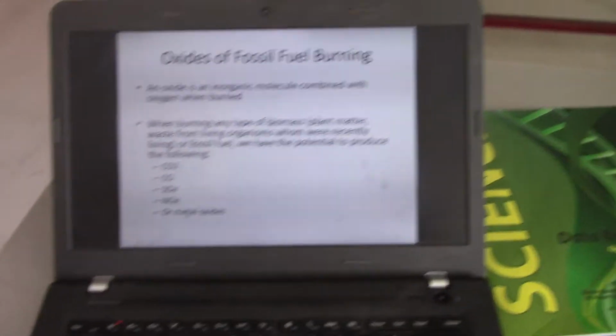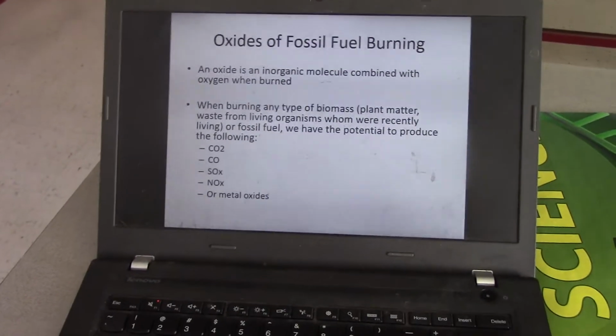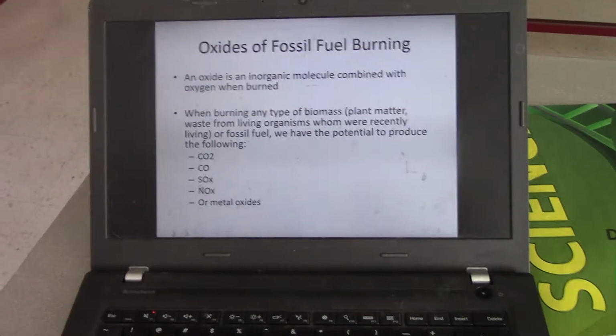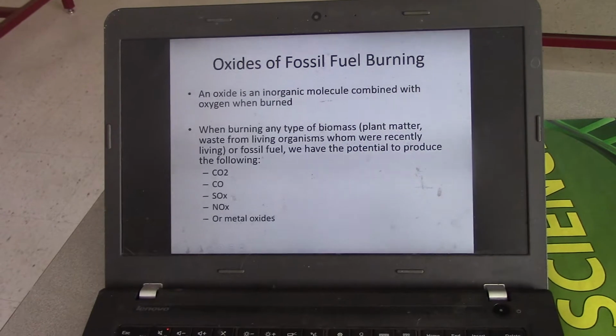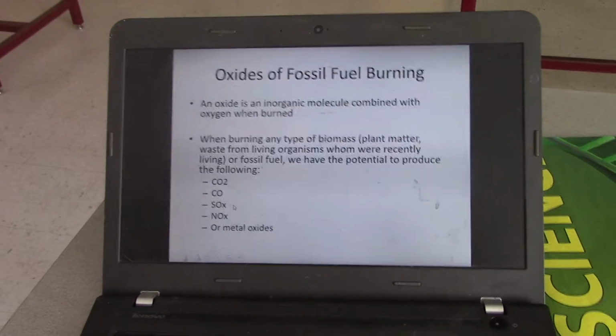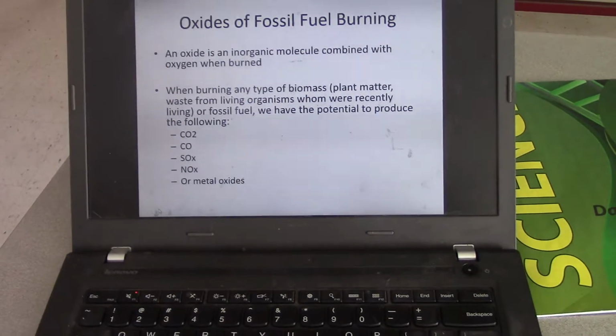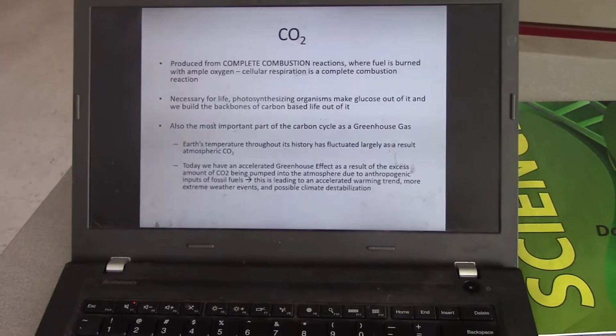The focus for this week is sulfur oxides and nitrous oxides, because they combine with water in precipitation and end up making acid precipitation in the atmosphere.